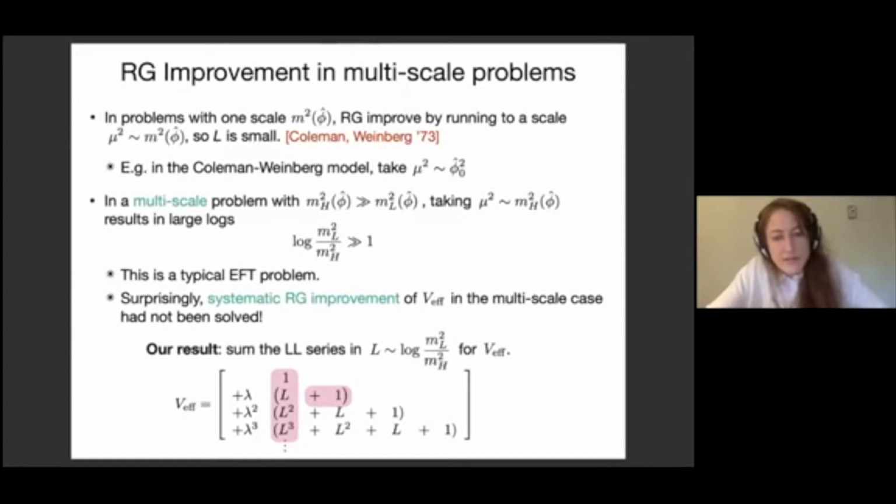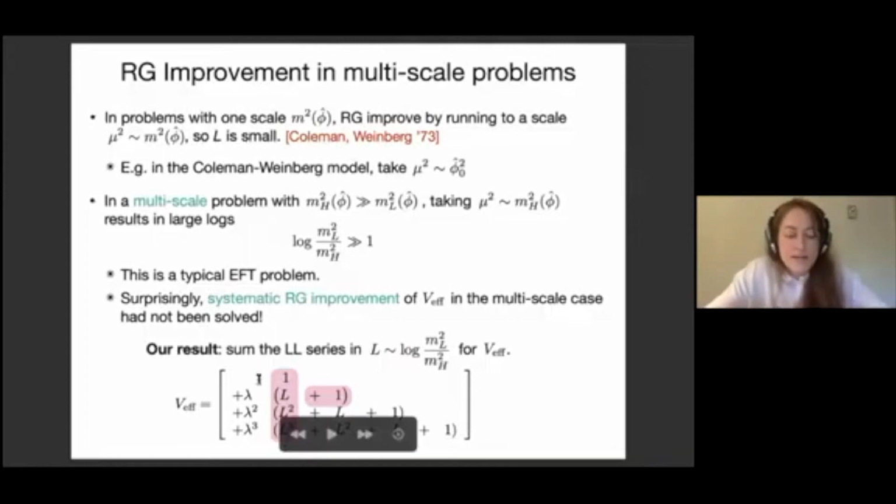And so our result can be summarized in that we sum the leading log series in the effective potential in such a multi-scale case with the hierarchy of mass scales. So we're going to sum this leading log series, and I also want the whole one loop result. So we're also going to get this +1 here at one loop.